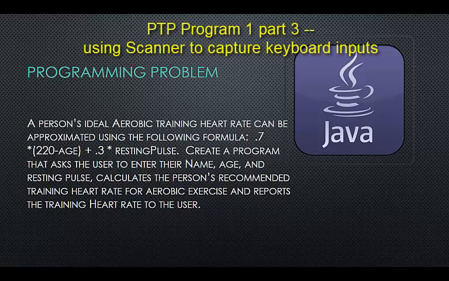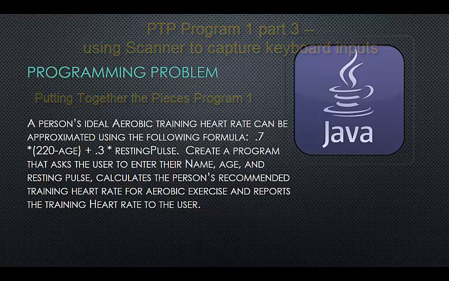Recall our programming problem for putting together the pieces, Program 1 for CSC 161, an Introduction to Java Programming. A person's ideal aerobic training heart rate can be approximated using the following formula: 0.7 times (220 minus their age) plus 0.3 times their resting pulse.